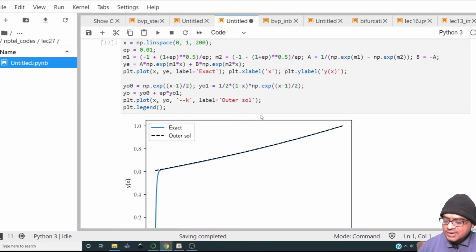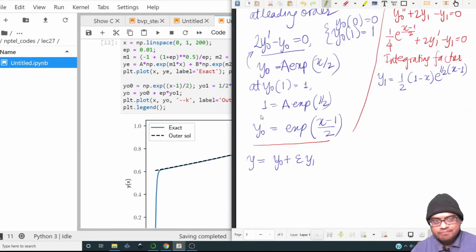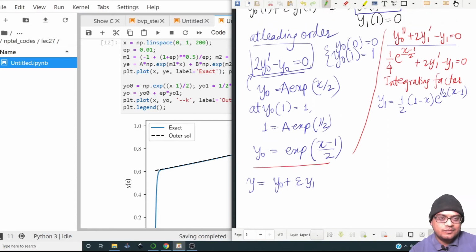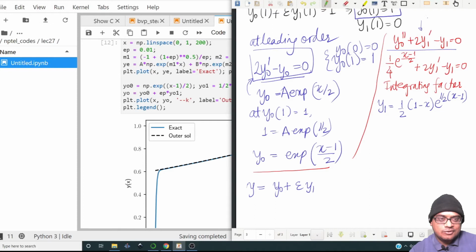At each hierarchy, this is the equation for y1, not for y0, because y0 has already been obtained using the leading order equation. So each equation appearing in the hierarchy will be first order. So you will never be able to satisfy the boundary condition at x equal to 0.